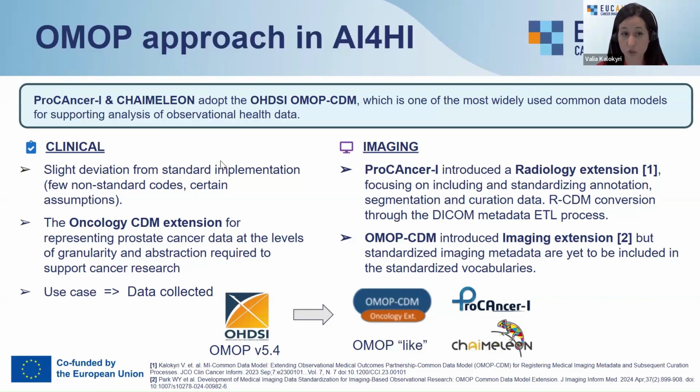So this information was actually missing. In addition, both of them use the oncology CDM extension of OMOP. And why is that? Because cancer is a really complex domain, and in order to represent the granularity that is required to do cancer research, this extension is necessary for OMOP. And finally, all the data that was collected was use case based.